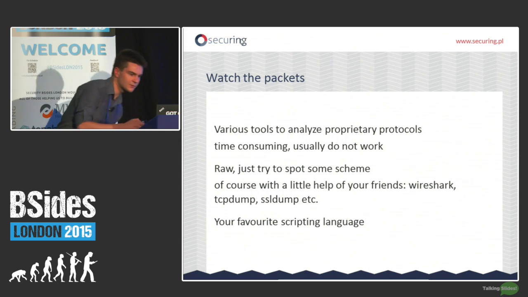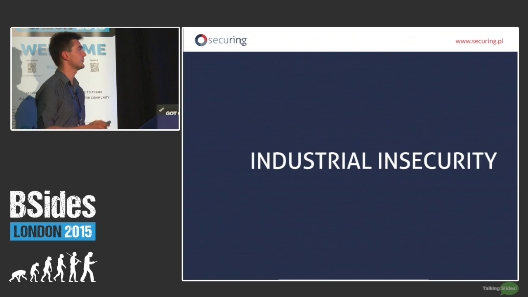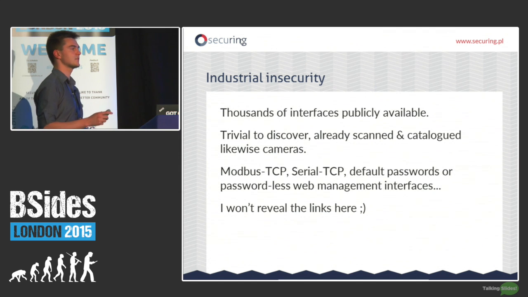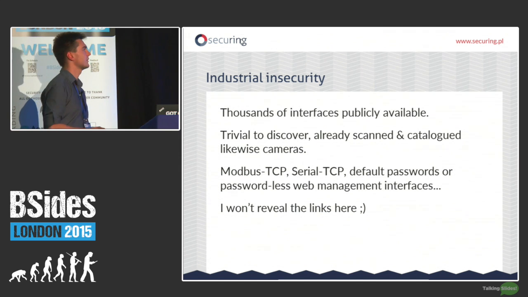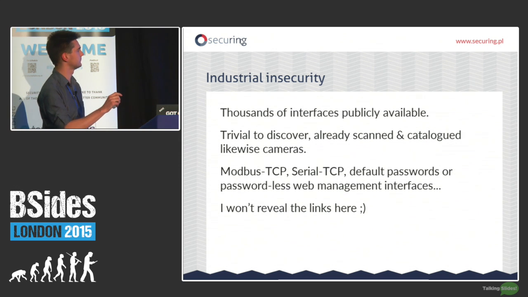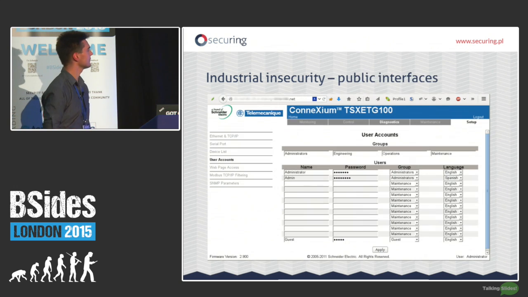Well, I think I've got a few more minutes. I would like to show you some more examples of proprietary network protocols. Once we tested industrial systems for tracking RFID tags. There was some appliance with access to the internet and with the Modbus TCP protocol.